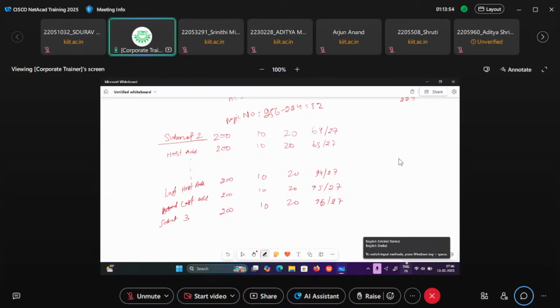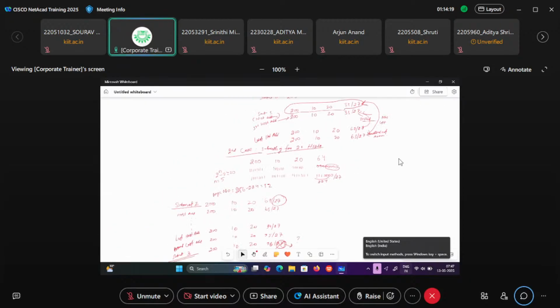Here we cannot say directly that it is /27, because in subnet 3 we have to do the calculation, and on that basis we will find the CIDR value. I cannot directly write /27 for subnet 3. So as of now, I will check the next requirement, how many hosts are required, and on that basis we'll check. Similarly, as in the previous cases I used for subnet 2, just think of it.